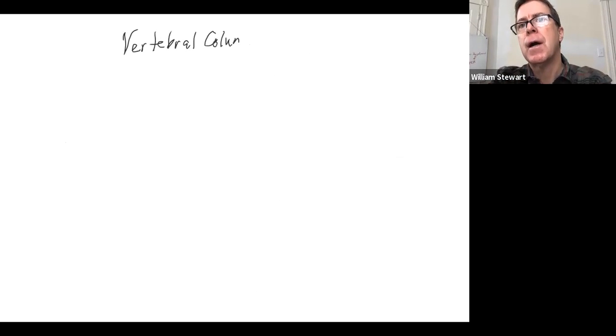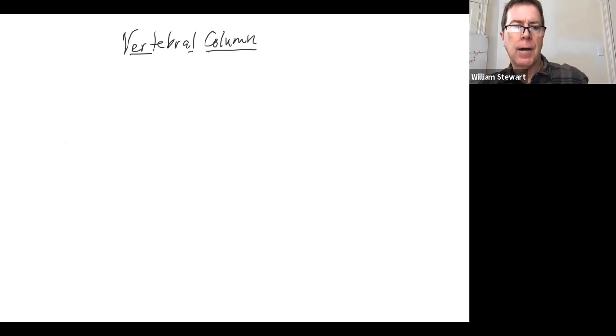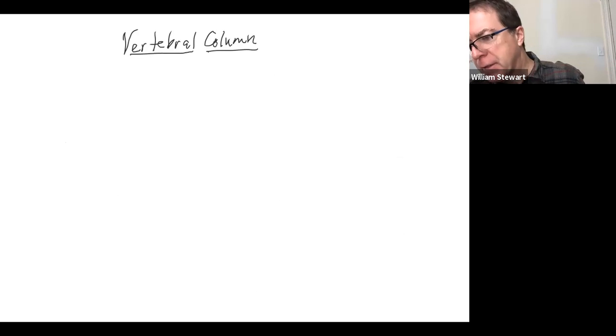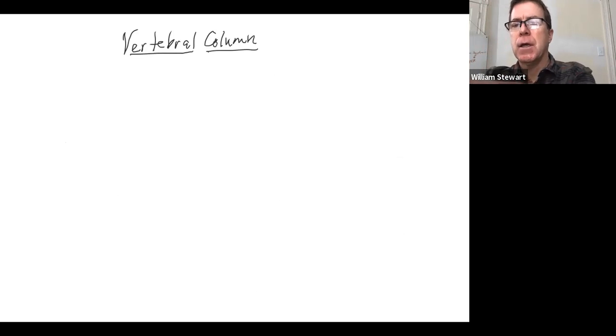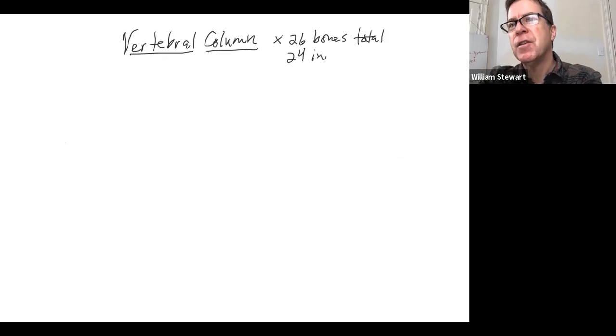When we say vertebral column, most people just say spine. We're talking about all 24 individual vertebrae plus the sacrum and the coccyx. So in the vertebral column, there are 26 bones total, 24 individual vertebrae.